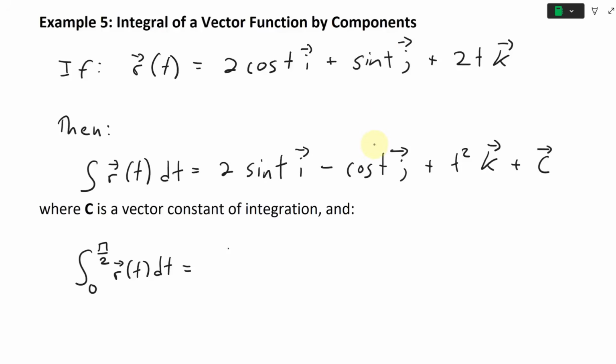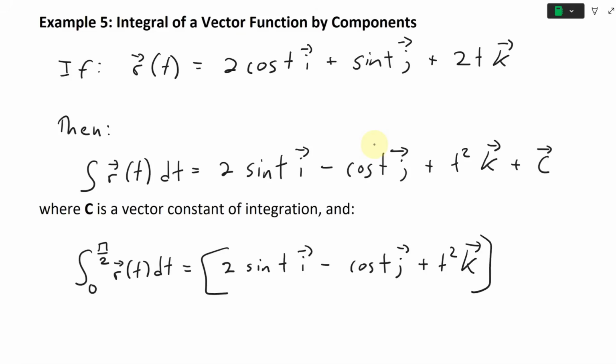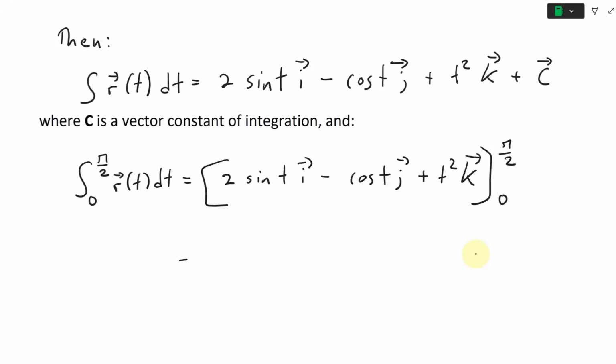We already know the antiderivative, which is 2 sine t i minus cosine t j plus t squared k. We can ignore the C, because when we subtract them, it just cancels out. Now this is from 0 to pi over 2, so we can plug these in.